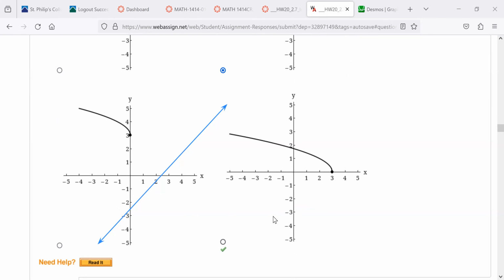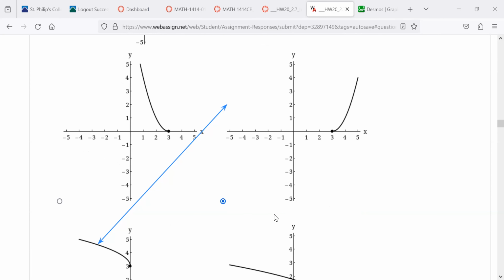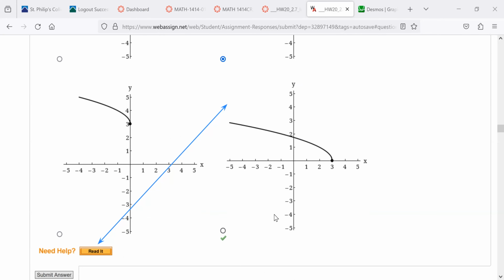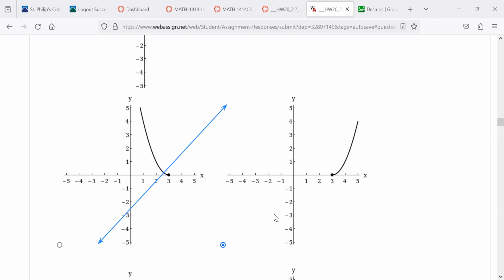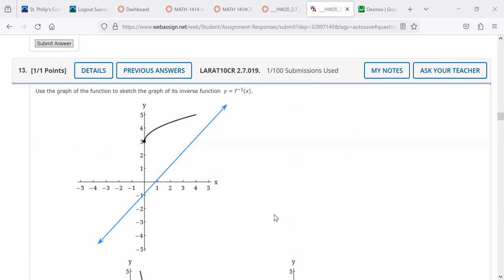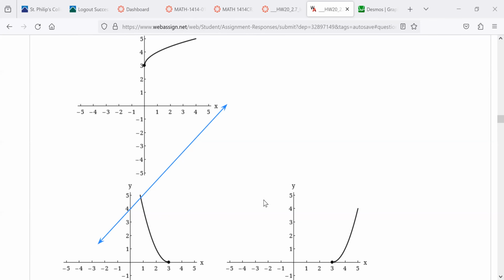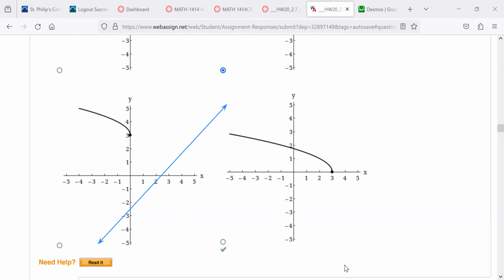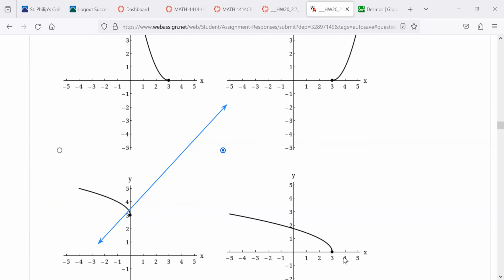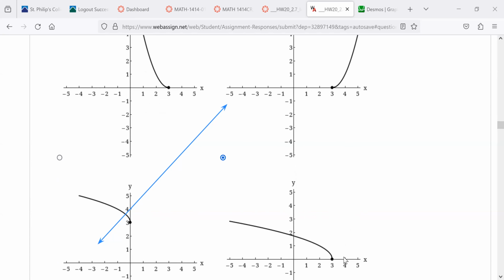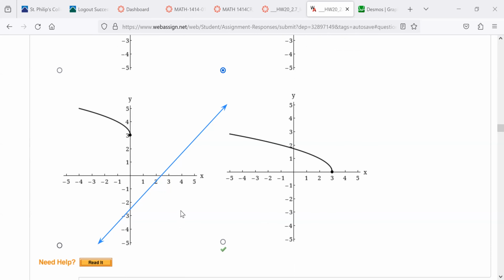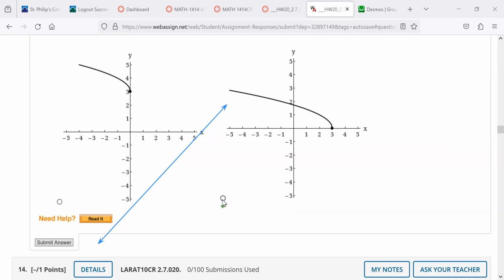I chose B, right? Not D. Yeah. So reflect this guy over here. That was throwing me for a loop. I'm like, how the hell is it D? Anyway.